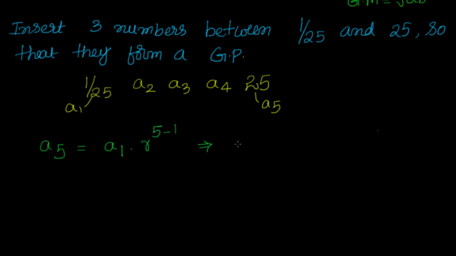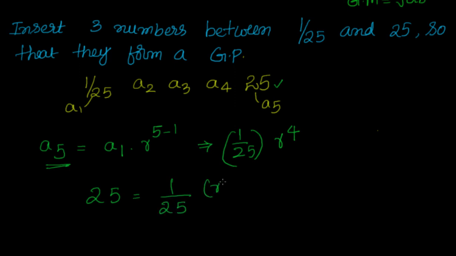So a1 is 1 by 25 into r to the power of 4. But a5 is equal to 25. So I can write 25 equal to 1 by 25 into r to the power of 4. This gives me r to the power of 4 equal to 625.